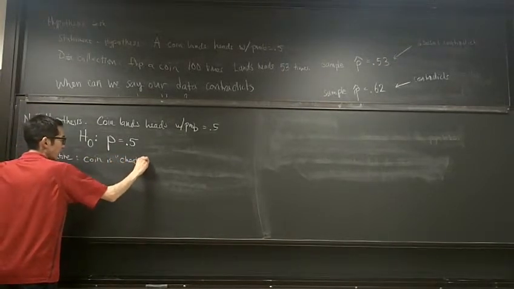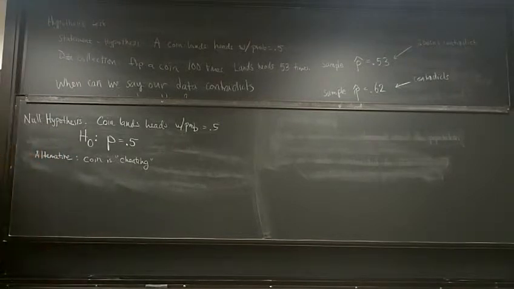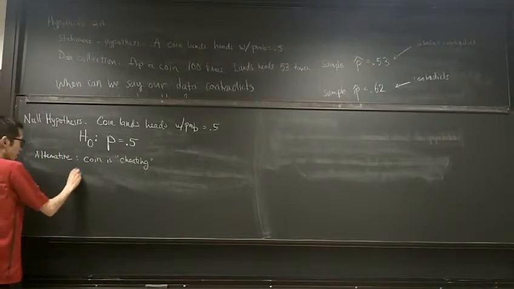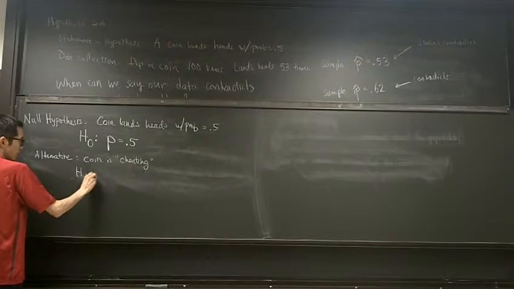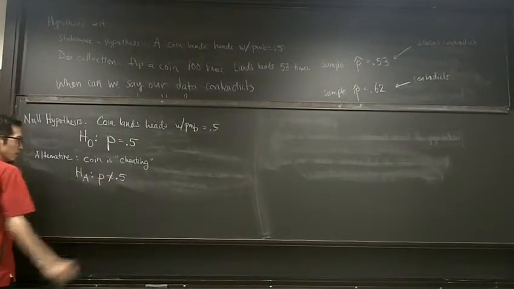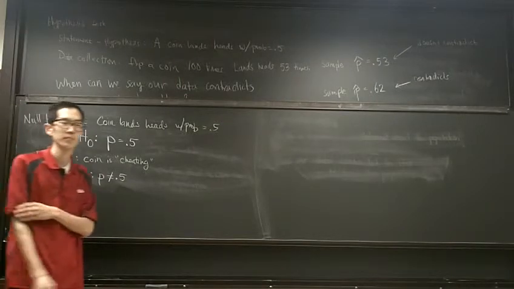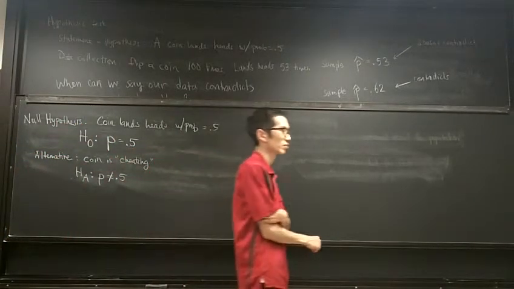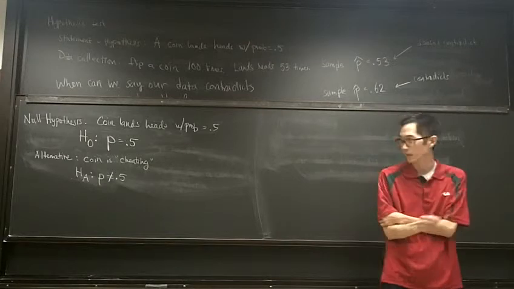We don't care how, we're just saying that it is. Okay, and so the alternative is that P doesn't equal 0.5, or P is greater than 0.5 or something, okay?